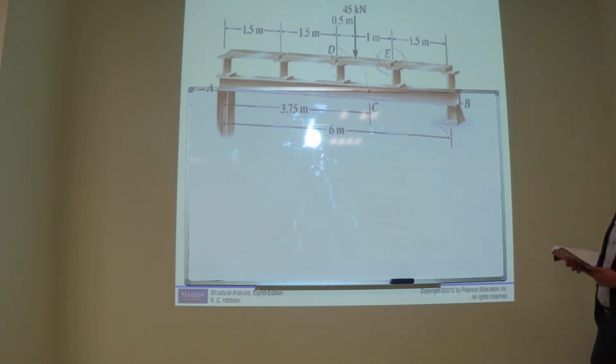It means that this panel DE is simply supported at points D and E, so the reaction will be calculated based upon the simply supported conditions. And these beams transmit their loads to the simply supported girder AB. Now the load is going to the girder AB. Determine the internal shear and the moment at point C. So we need the shear force and the bending moment at point C.